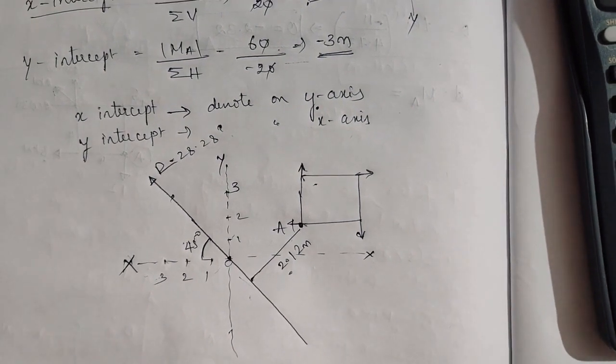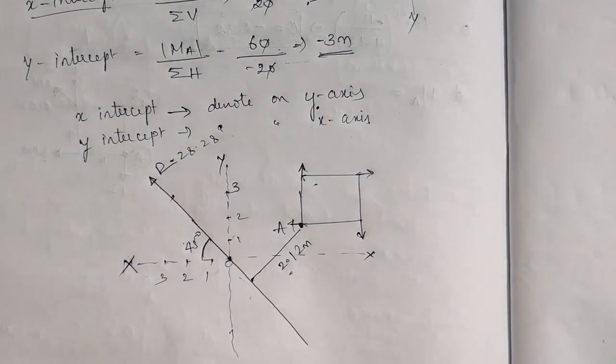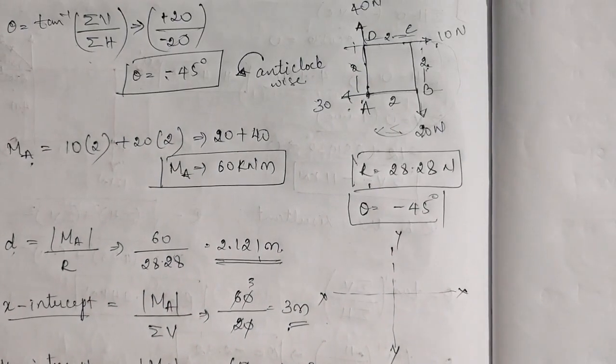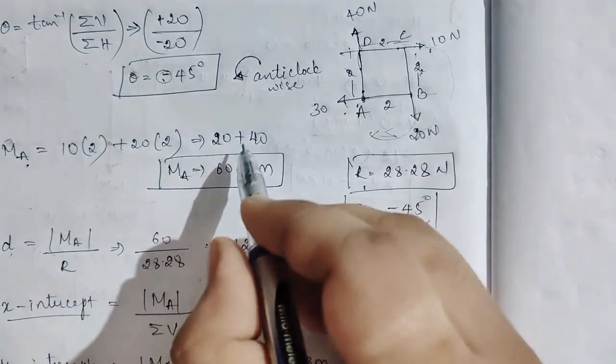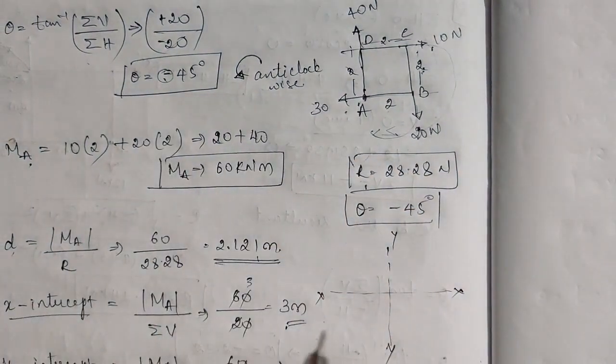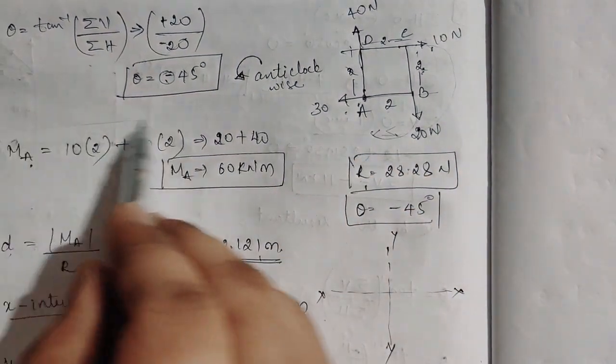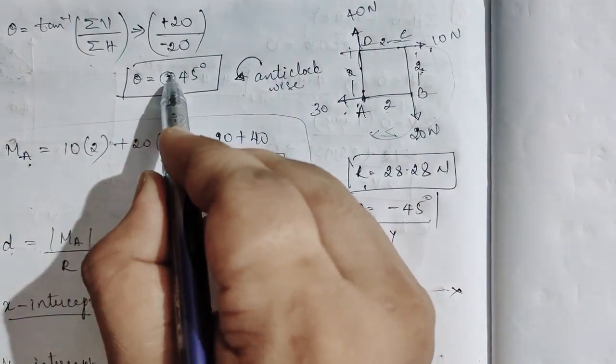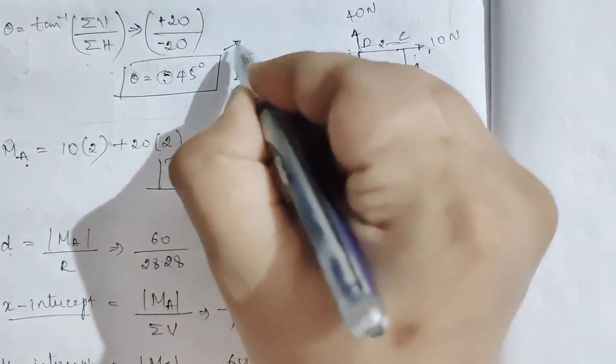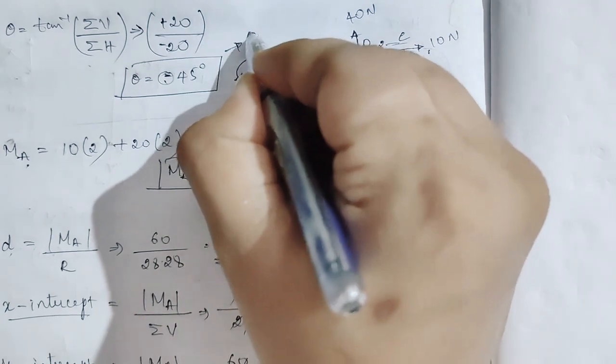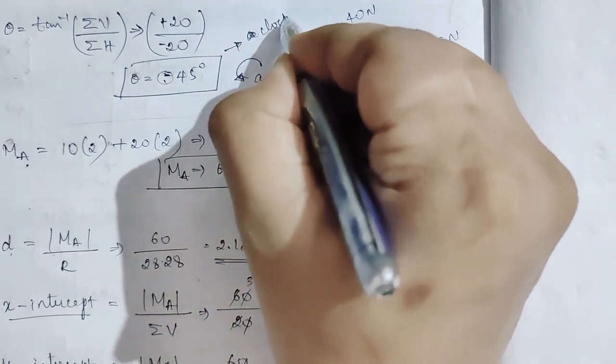So in this problem, another clarification I told you. So here the negative sign is in the concept of theta, not in the concept of moment. In the concept of theta, this negative angle means it is clockwise.